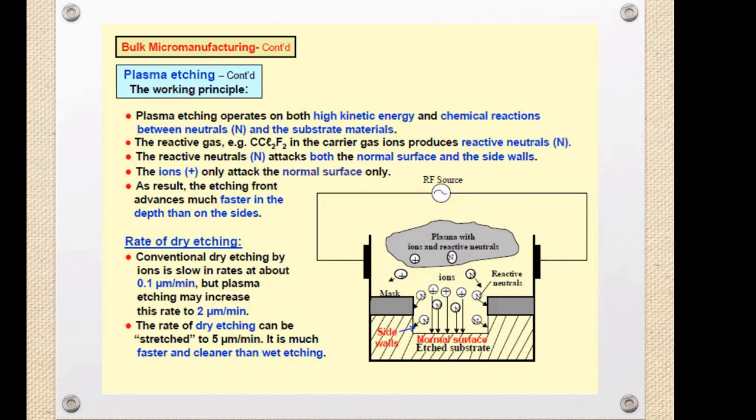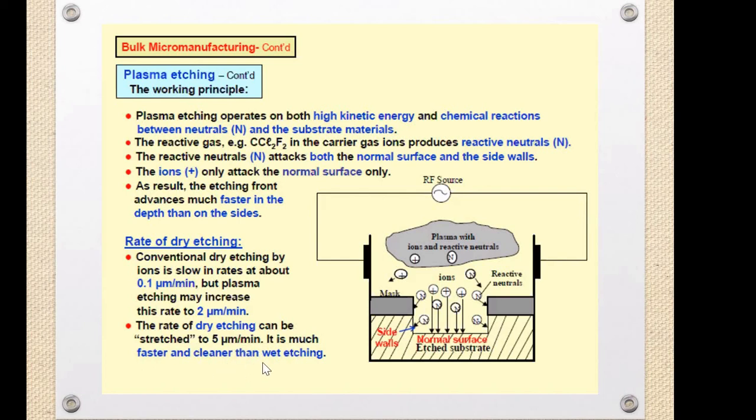Conventional dry etching is very slow, at a rate of 0.1 micrometer per minute, while in plasma etching the rate is 2 micrometer per minute. The rate of dry etching can be expressed as up to 5 micrometer per minute.